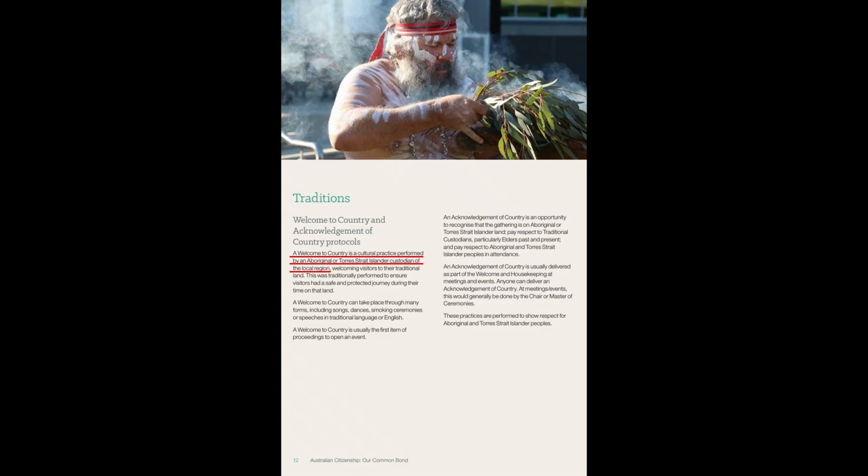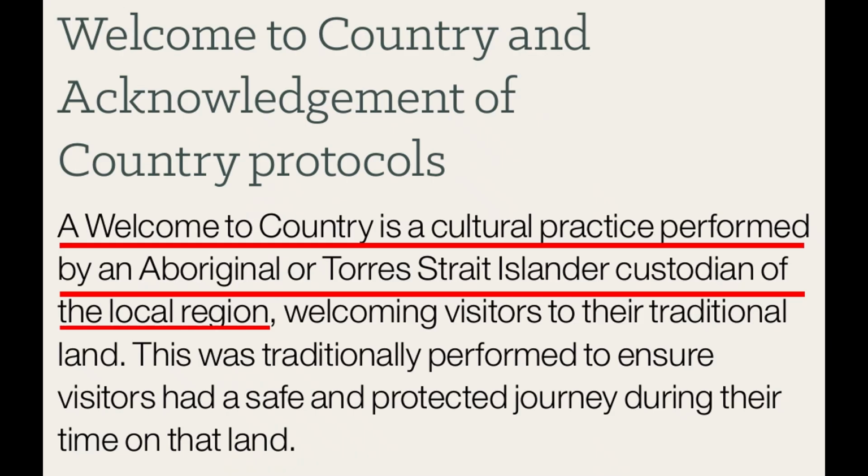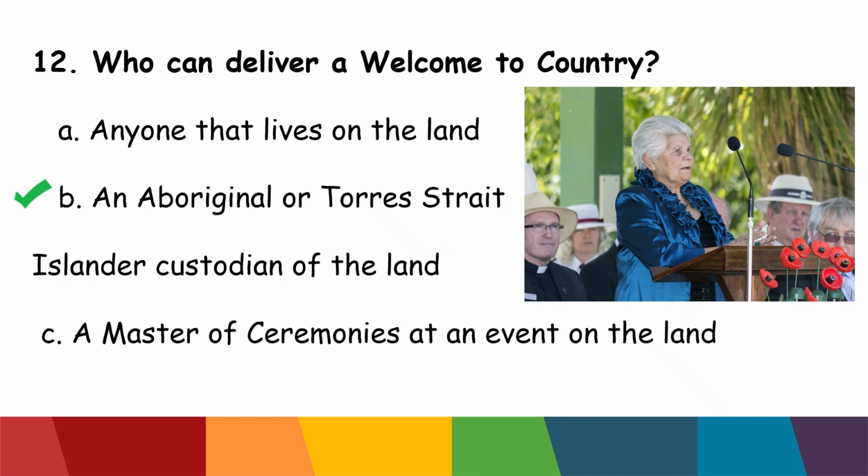Page 12 in Our Common Bond says that a welcome to country is a cultural practice performed by an Aboriginal or Torres Strait Islander custodian of the local region. So answer B is correct. Only an Aboriginal or Torres Strait Islander custodian of the land can deliver a welcome to country.